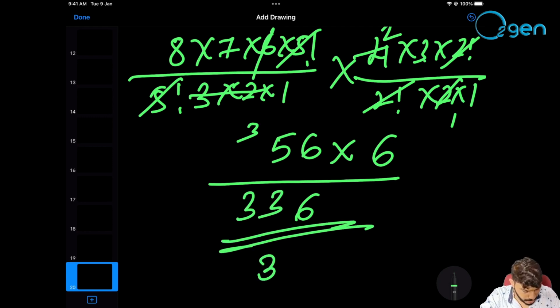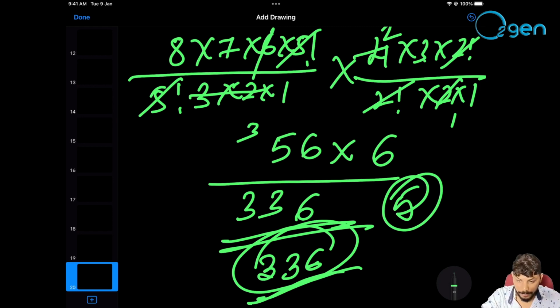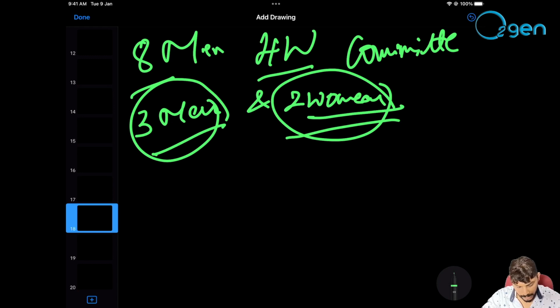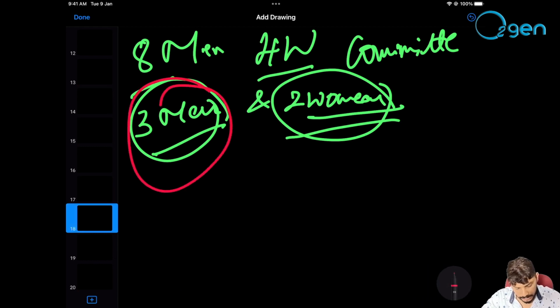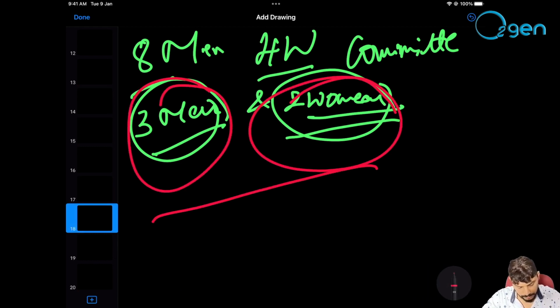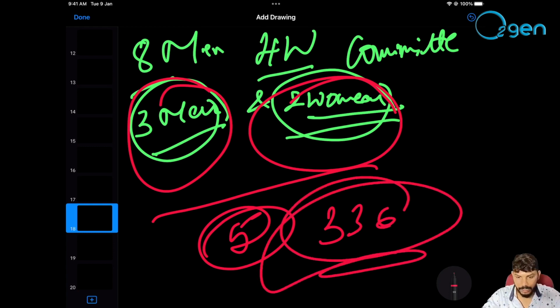There are 336 different committees containing 5 members that can be made using 3 men and 2 women.